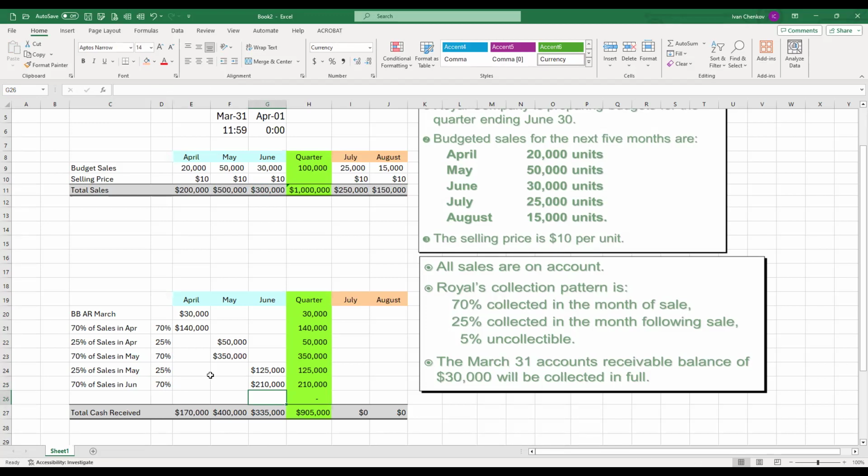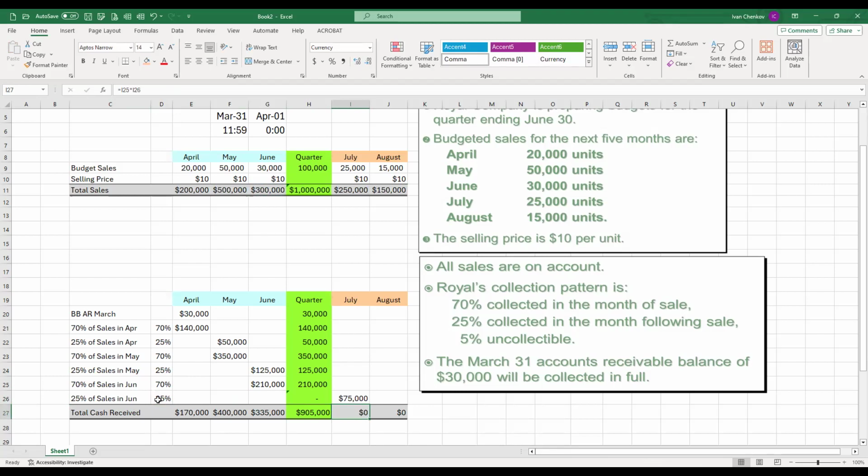So now, if somebody asks you, what will be your accounts receivables at the end of the quarter? In other words, how much of the June sales are you going to collect in July? It will be the 25% remaining, right? That will be the 25% from June, equal to this one times 25%.